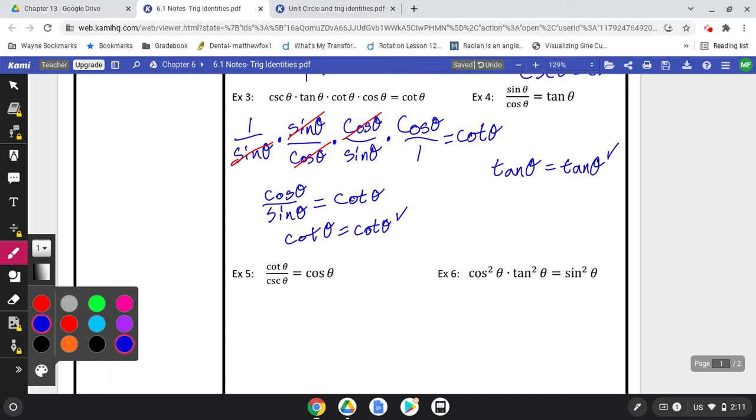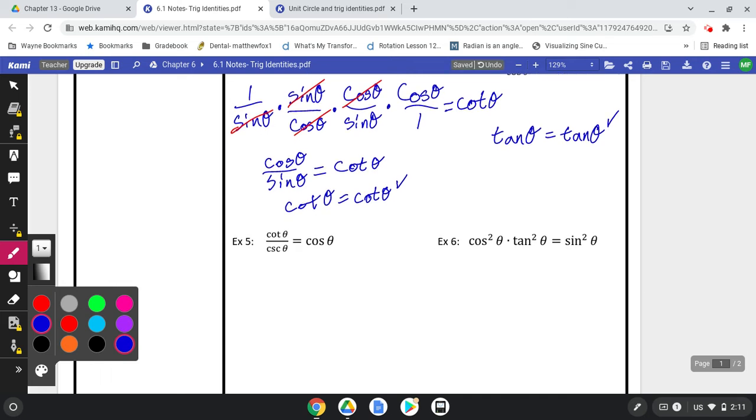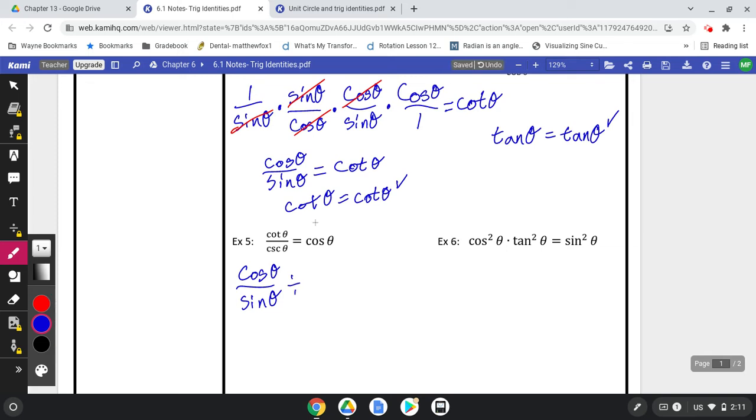Number 5, cotan, we can rewrite as the cosine of theta over sine of theta divided by, because if it's a fraction here, that's the same as dividing, cosecant, which is 1 over sine. But we're going to take the reciprocal of that, because dividing is the same as multiplying by the reciprocal.